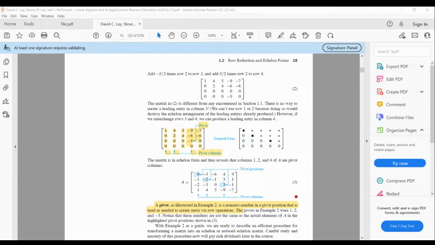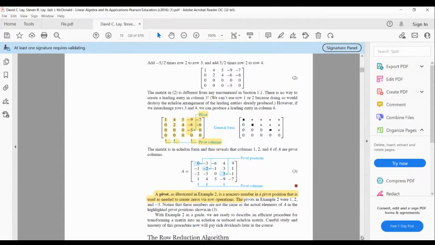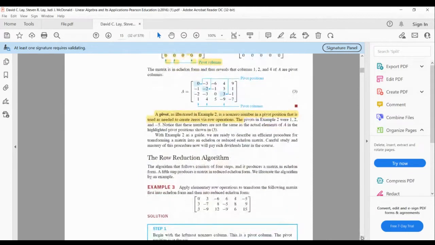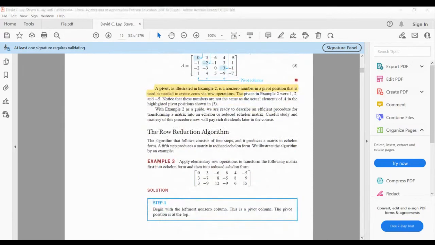And okay, so a pivot is basically a non-zero number that is used as needed to create zeros via row operations. That's what a pivot is. So they give steps. In the example in section 1.2, they talk about the row reduction algorithm and the different steps involved.